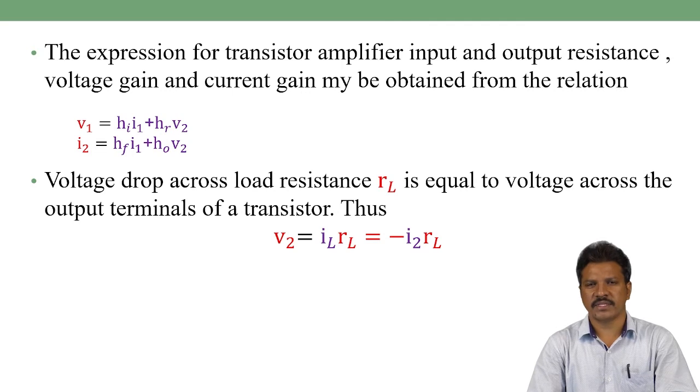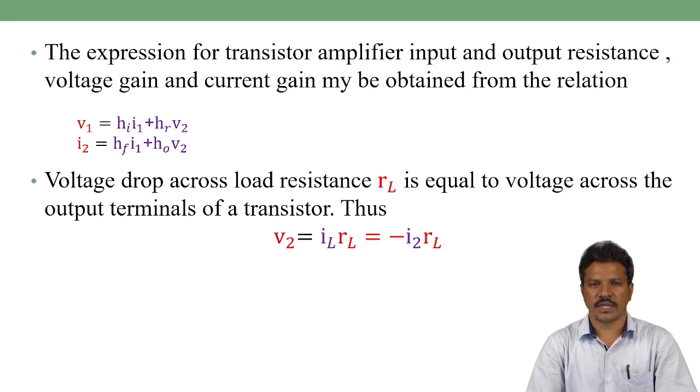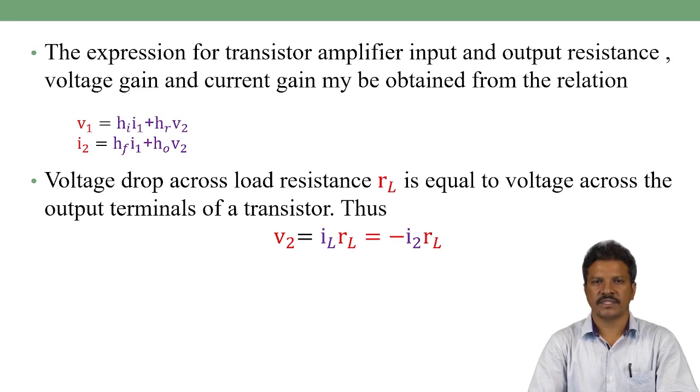These four parameters are useful to analyze that particular transistor amplifier, whether it is for an amplifier or impedance matching circuit, or used at the input stage, intermediate stage or output stage. So by analyzing this amplifier, we can use that circuit in different applications.